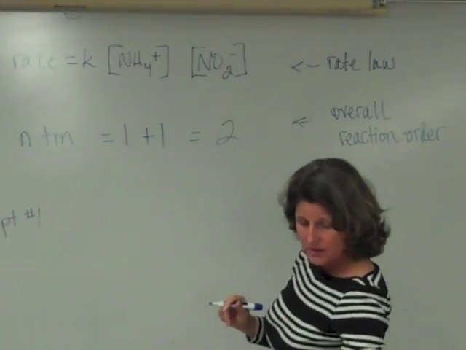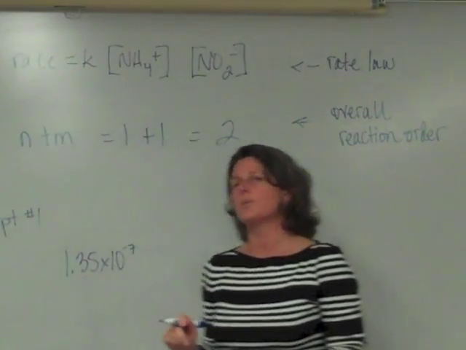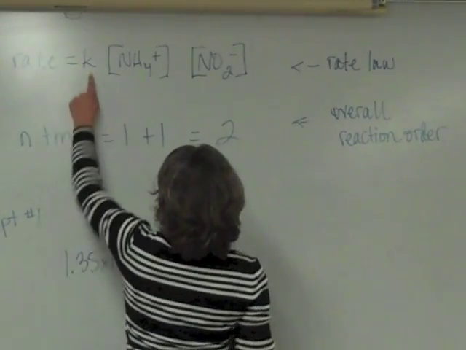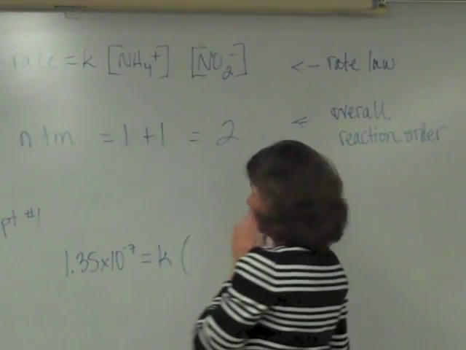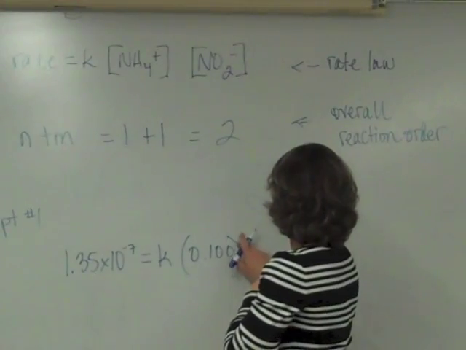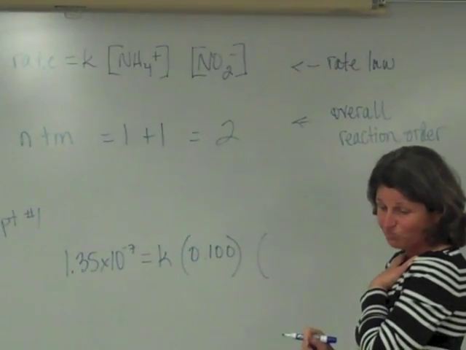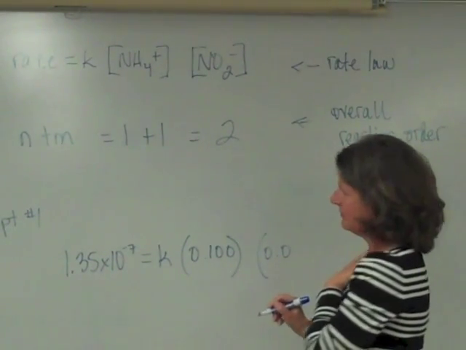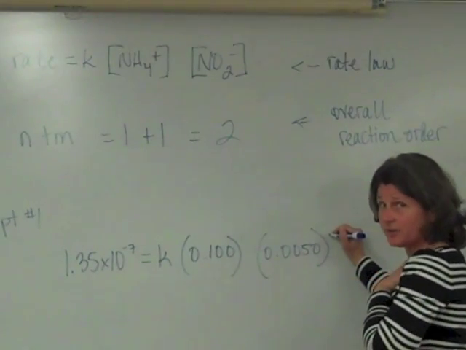The rate for that is 1.35 times 10 to the minus 7th moles per liter second, is equal to k times the concentration of ammonium, and that's to the first power, but we really don't even need to write it, and the concentration of nitrite, also to the first power, but I don't need to write it.